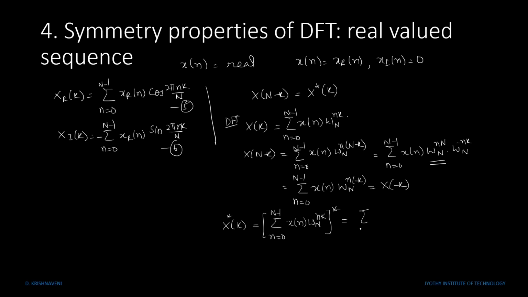This whole conjugate I'll bring inside, so each term we have to find the conjugate. So conjugate of x of n into conjugate of wn to the power of nk will be wn to the power of minus nk.